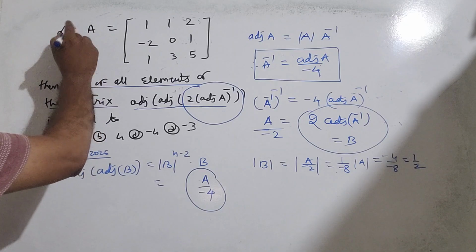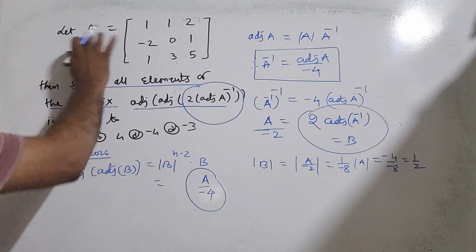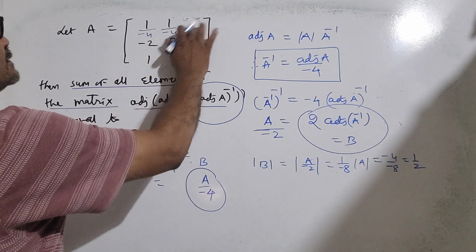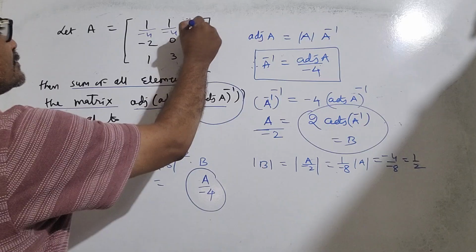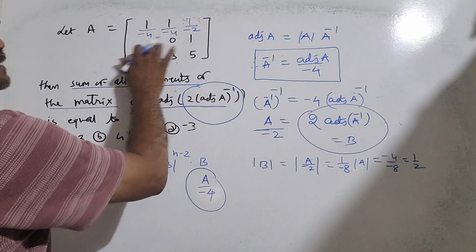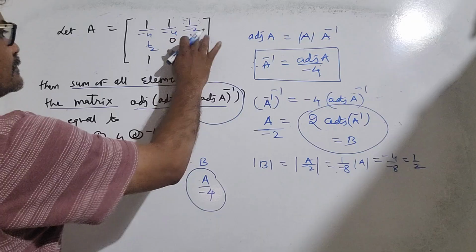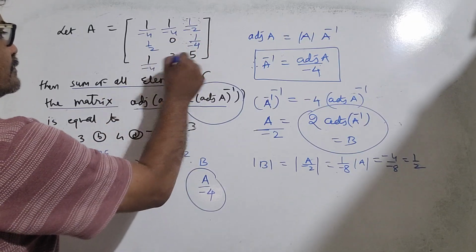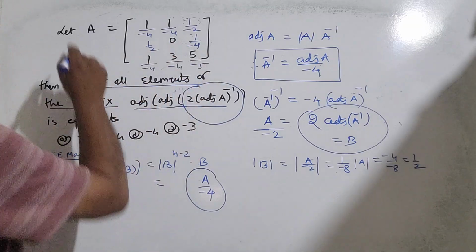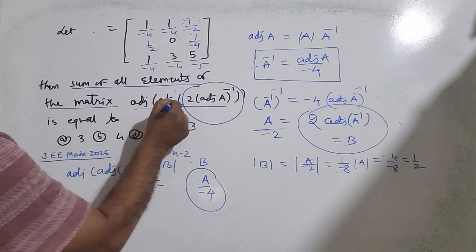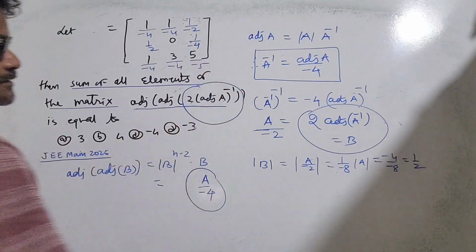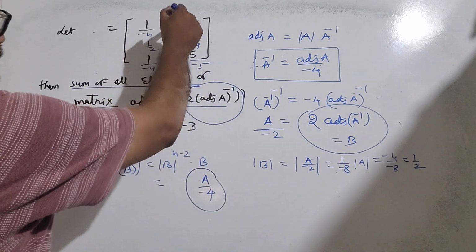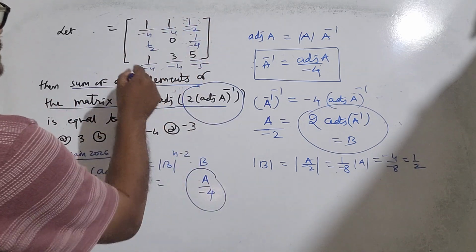When we divide by minus 4, the entries become 1 by minus 2, this is 1 by 2 only, this is 0, this is minus 1 by 4, like that, minus 4, minus 4, minus 4. This is the matrix, adjoint of 2 into adjoint of A inverse. Correct? Now you can find the sum. See, 1 minus 1 by 4, minus 1 by 4, minus 1 by 4, and minus 1 by 4.